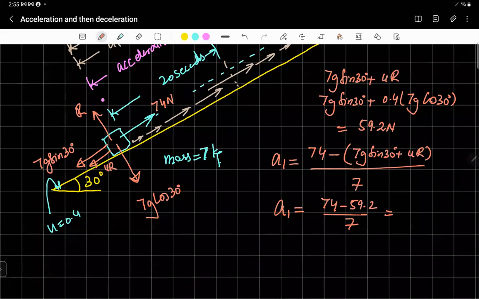Please do this calculation and let me know. 2.11. Yes.